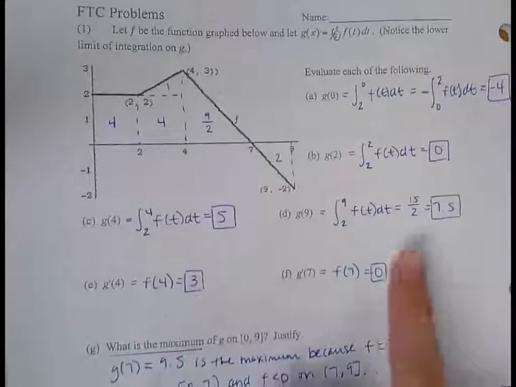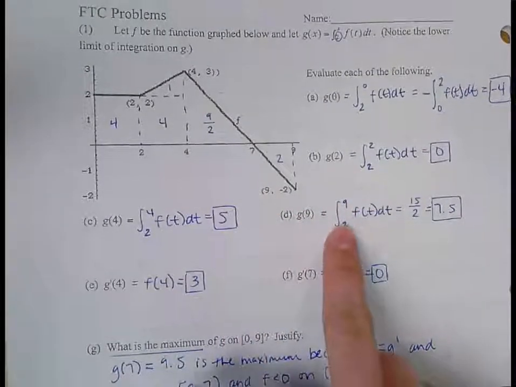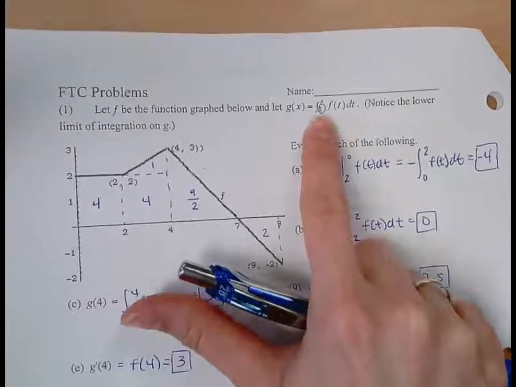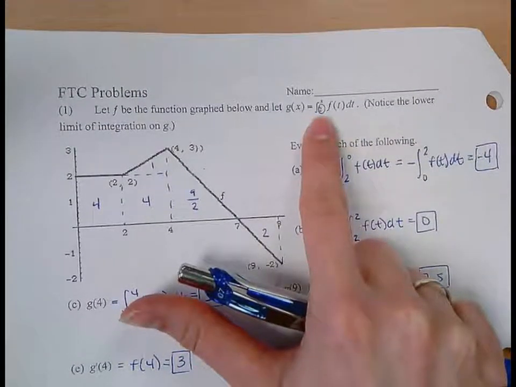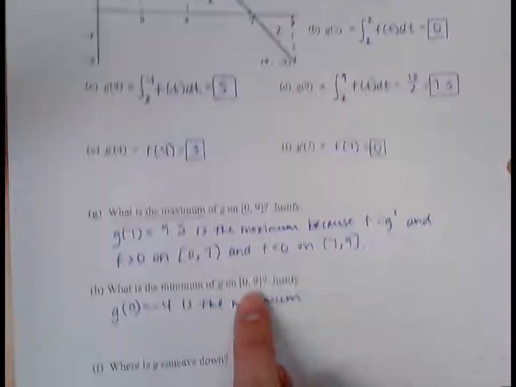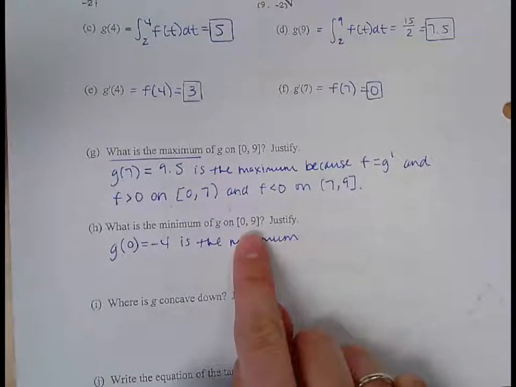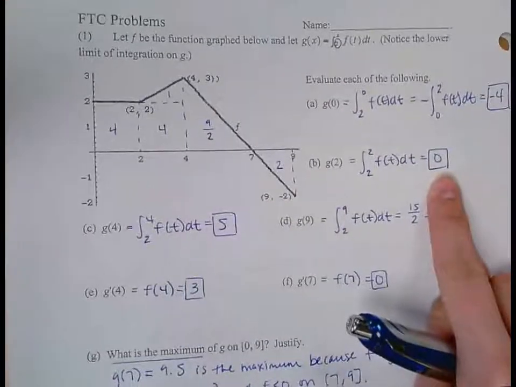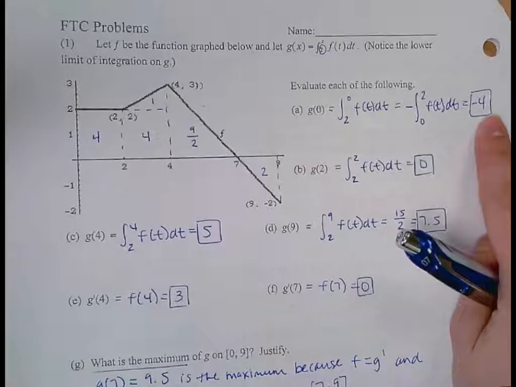Okay, when you found these values up here, you started at 2. To find a function value for g, you're starting at 2. They're still referencing, though, the interval 0 to 9. G of 2 is 0. G of 0 is negative 4. This is smaller. Right?